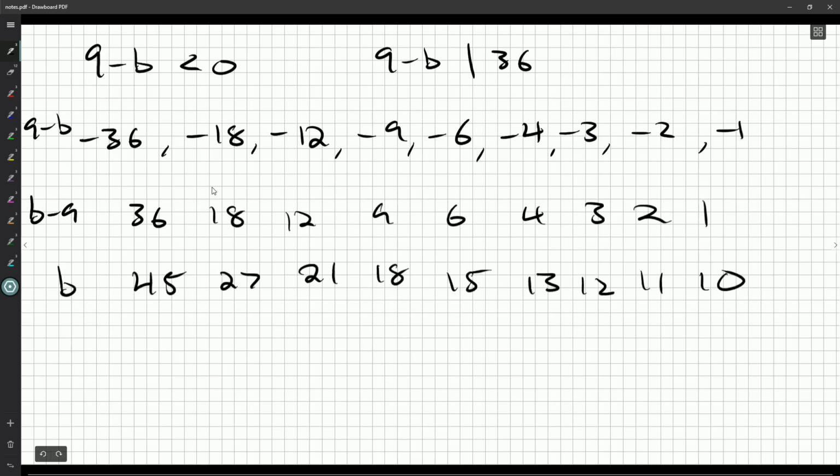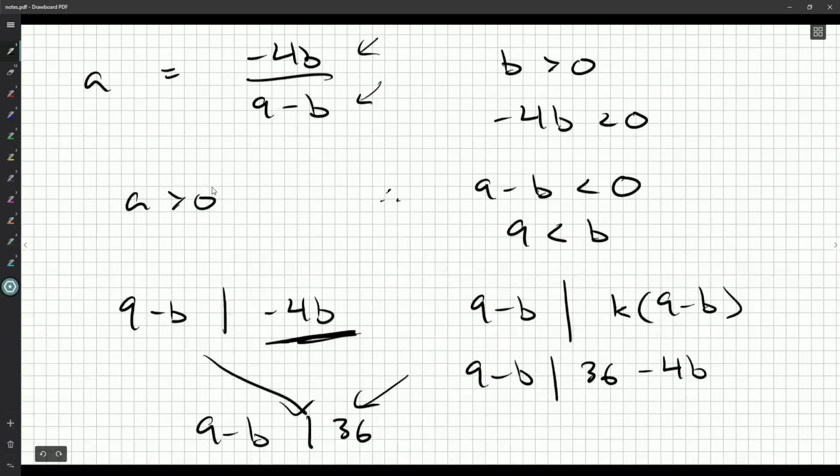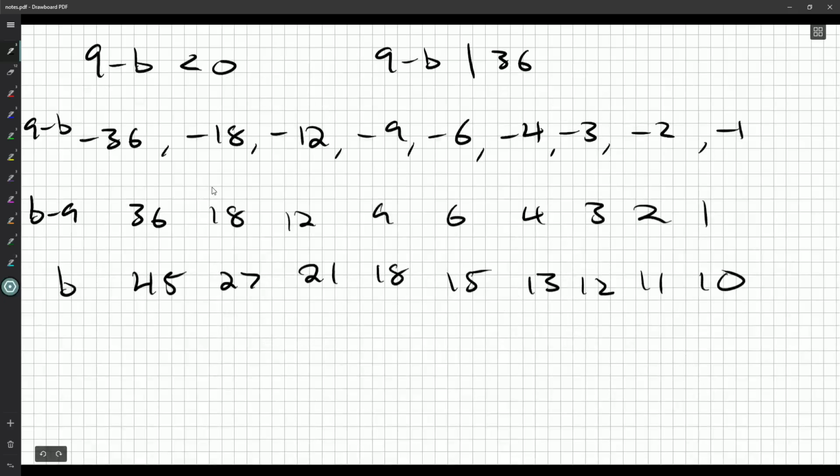Now, does each one of these give an a? They should. So that should be 9 different possibilities. And we could pick one or two at random just to make sure if we wanted to. But I'm confident in the work. All these b's are integers, but we could double check what negative 4b is going to be.